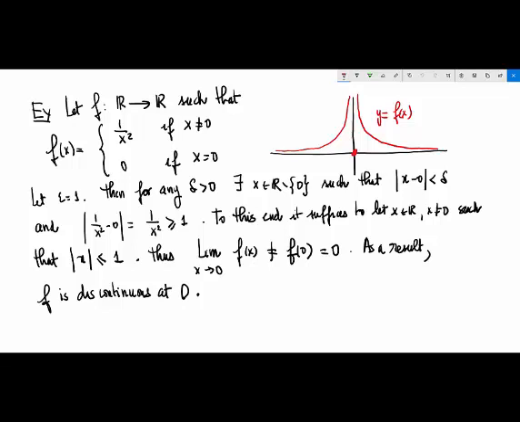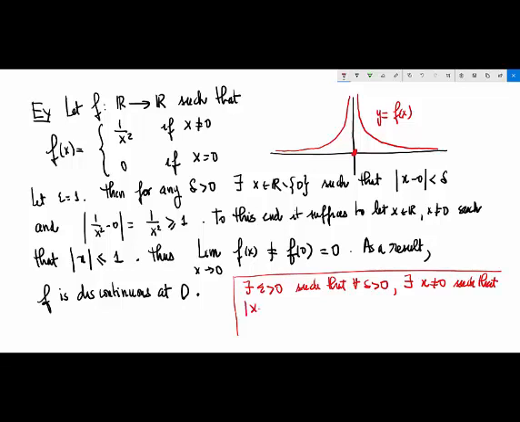So to this end, I would like to show that there exists some epsilon which is positive, such that for all delta which are positive, there exists x non-zero, such that if the distance between x and 0 is less than delta, then the distance between 1 over x squared and f of 0, which is 0, is greater or equal to epsilon.